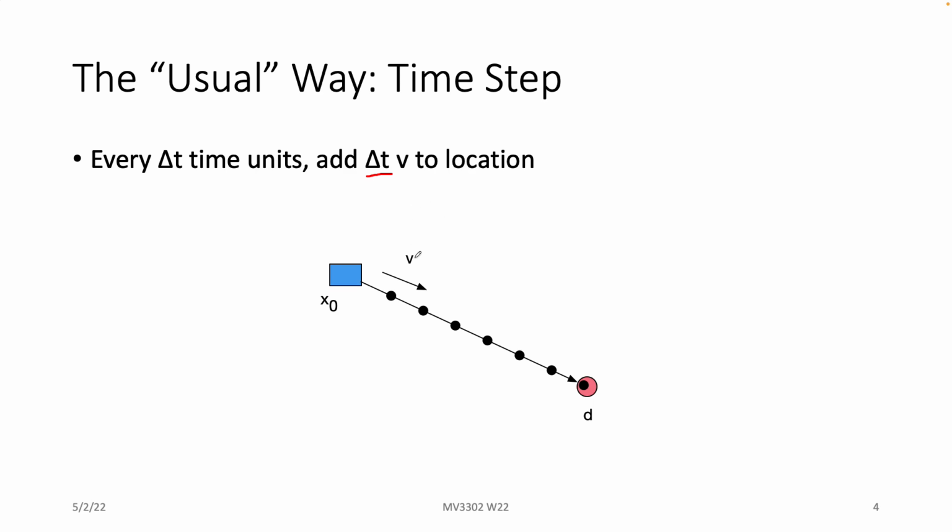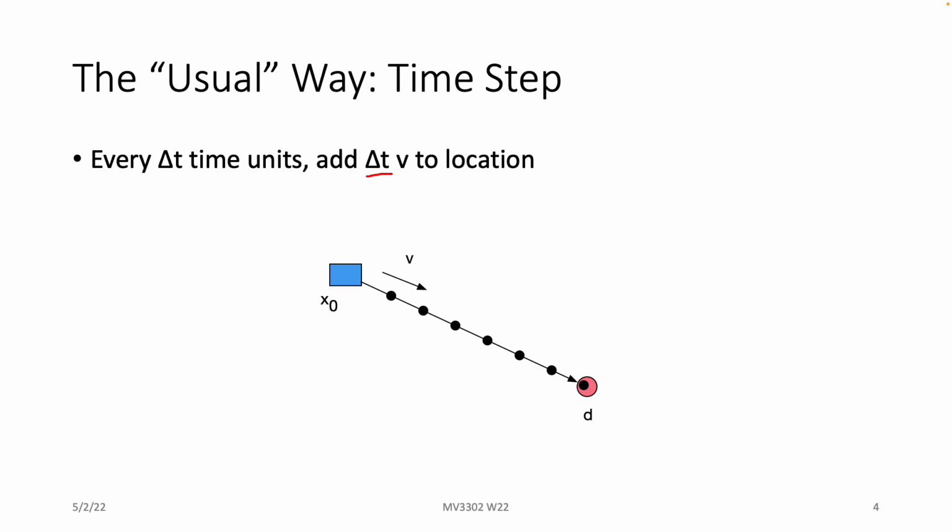So the usual way to solve this kind of problem is to figure out where our unit will be after delta t. After 0 plus delta t, we're here. At 2 delta t, we're here. 3 delta t, we're here. 4 delta t, and then we finally get to our destination. That's the way this works.